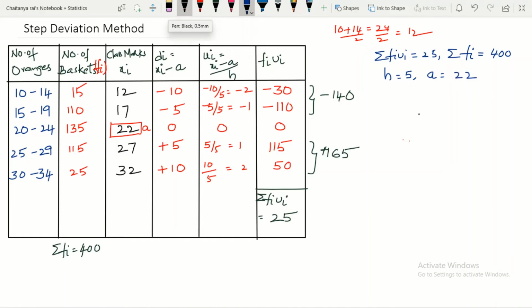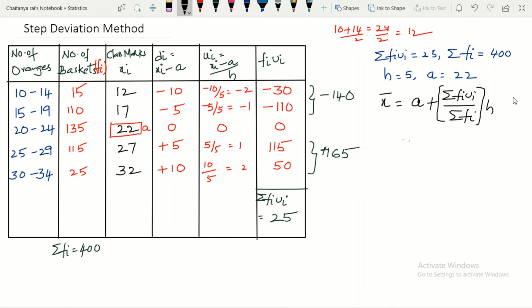Now we are going to write the formula that x bar is equal to a plus sigma fi ui divided by sigma fi, times h.